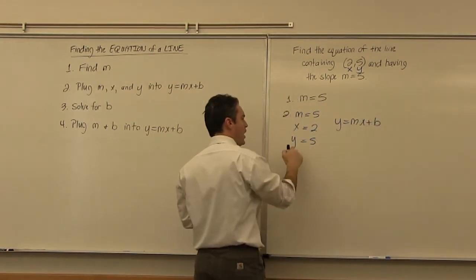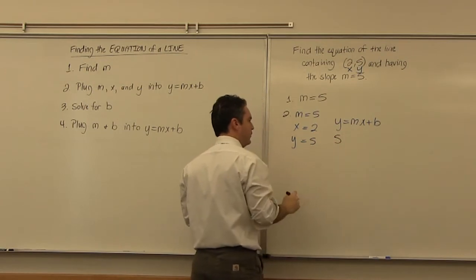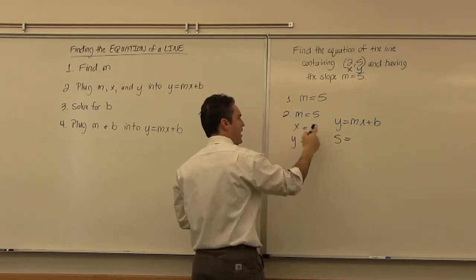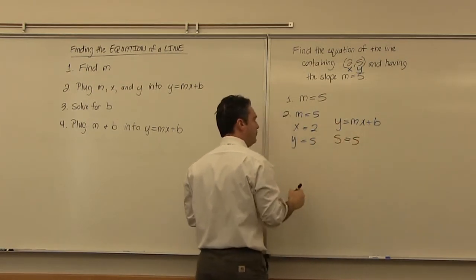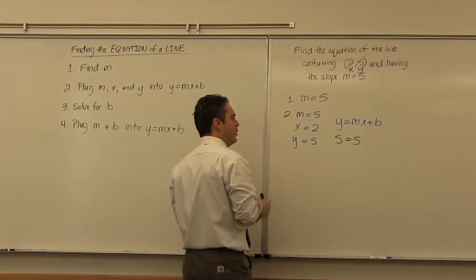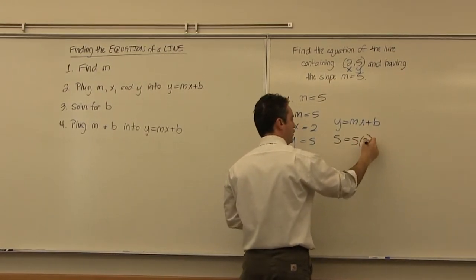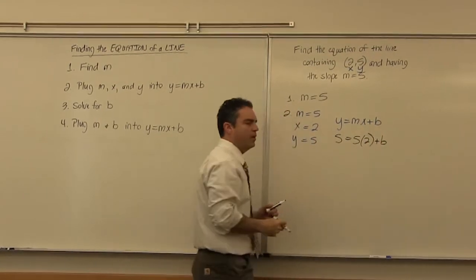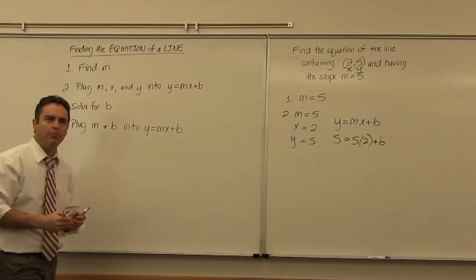So where there's a y, we will put the number 5. Where there's an m, we put the number 5, because m equals 5. And where there's an x, we will put the number 2. And now we are left with the lone variable b.